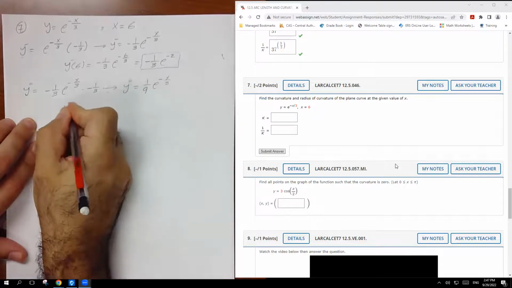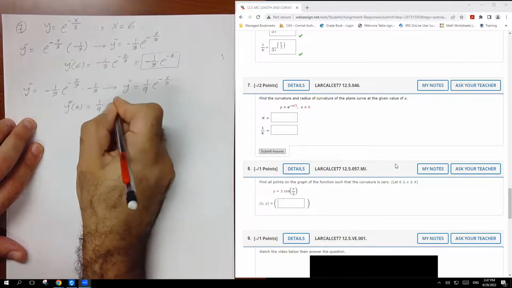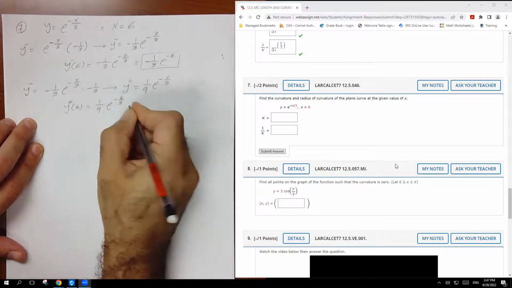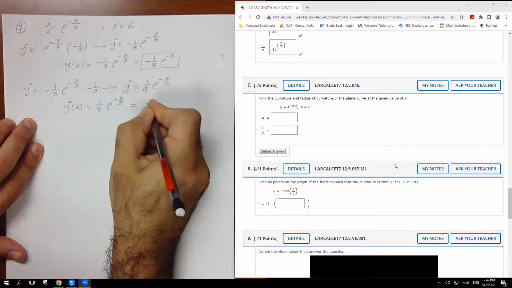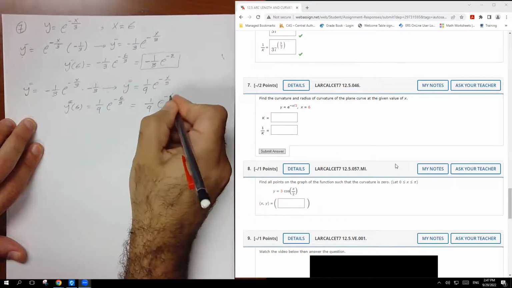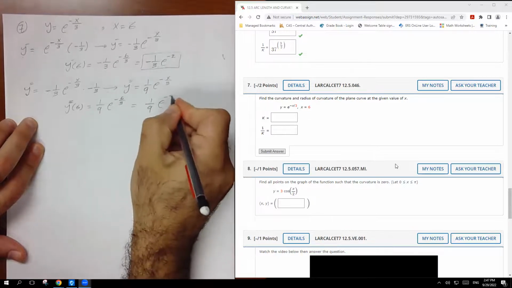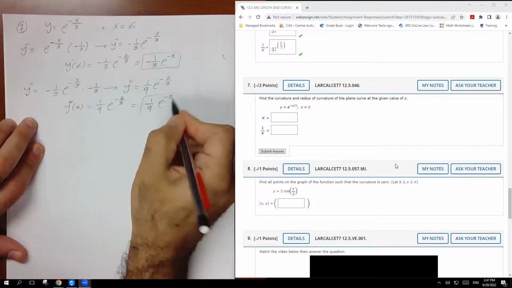Then y double prime at 6 is going to be 1 over 9 e to the negative 6 over 3, which is equal to 1 over 9 e to the negative 2. Here we go.